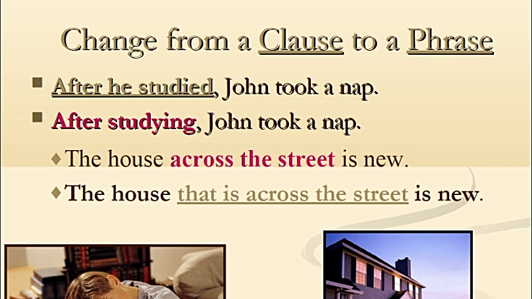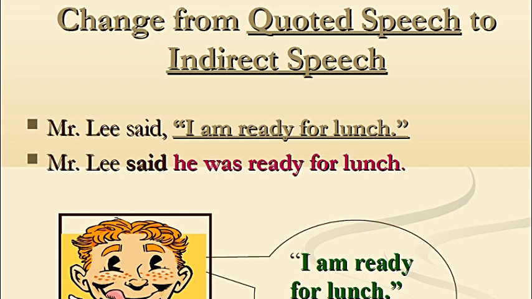So we are replacing some forms here. Okay, the next point is here, the house across the street is new. You can modify the sentence by using the house that is across the street is new. It means you have modified the sentence. That is actually called paraphrasing.